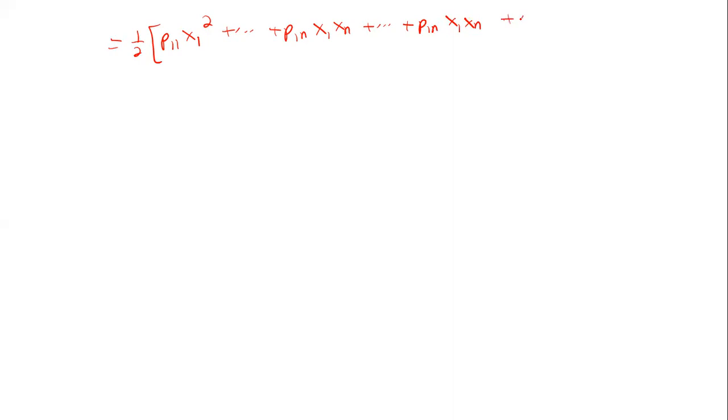And it will go on and on and on. And finally, you get this type of thing, and then plus q1 x1 plus ... plus qn xn plus r. You'll need to look for patterns at this point to help yourself really see this. If you can't see what's going on, write more terms and see the patterns in them.